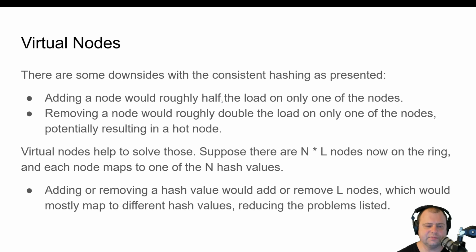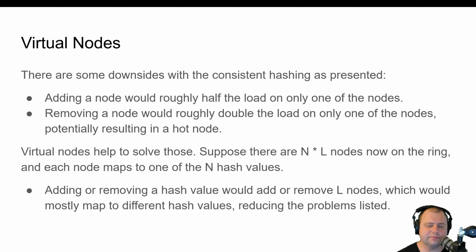So virtual nodes help to solve those. Now suppose that we have n times l nodes on the ring, and each maps to one actual hash value out of n. So for example, hash value 0 can map to nodes 0, 3, 6, 9.